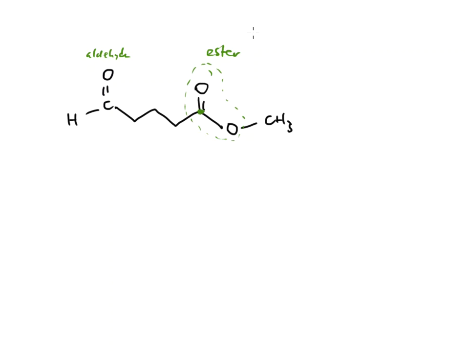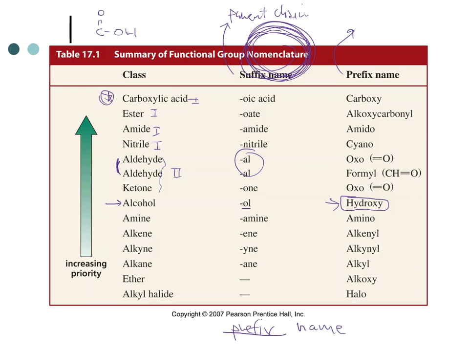So I've got to figure out which one is going to come first, the ester or the aldehyde? Well, let's think about the way that we presented this chart. We typically said type 1 carbonyls are on top. They get priority. Let's see if that's true. So here's the chart, and let me erase all of this garbage that's here.